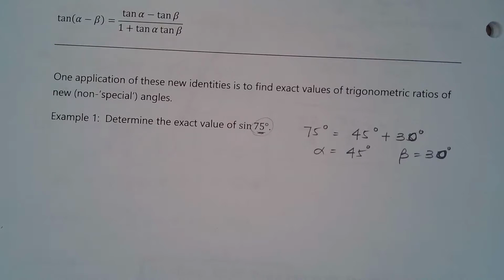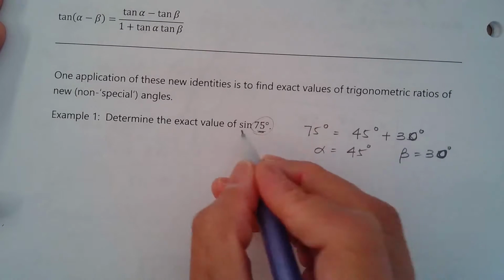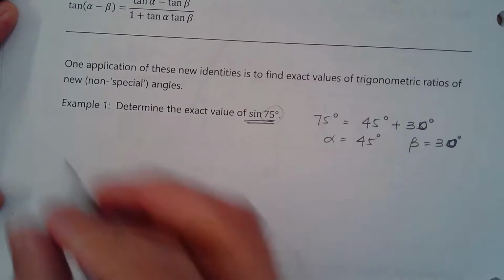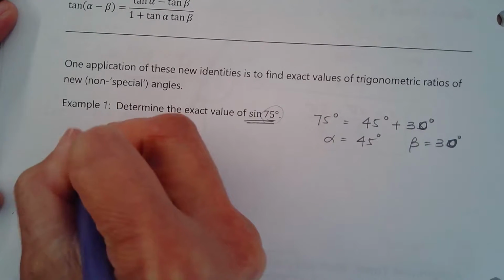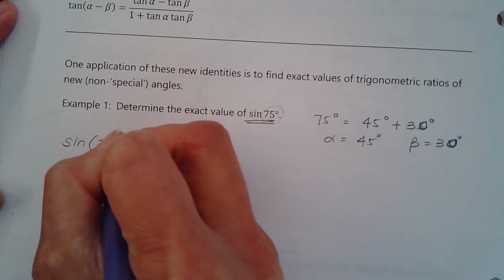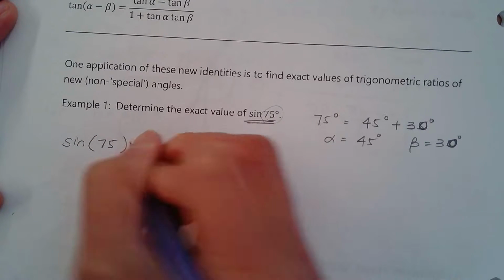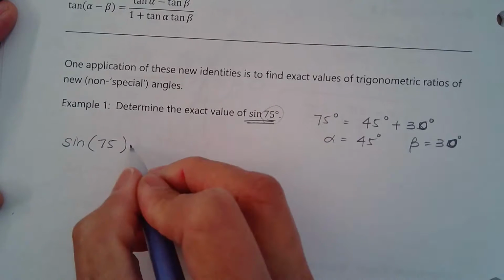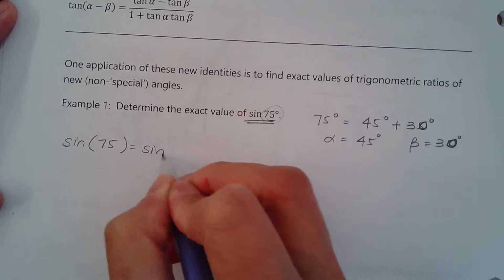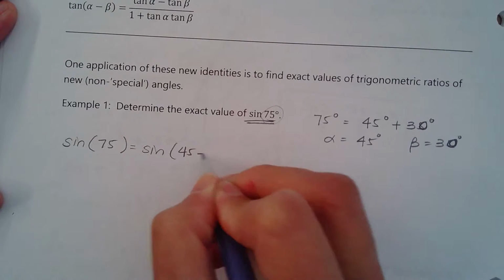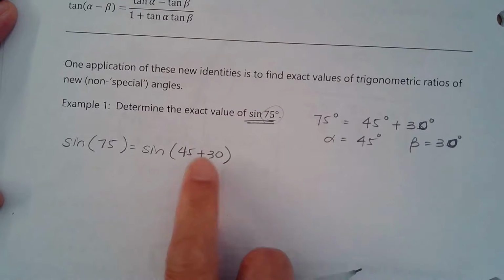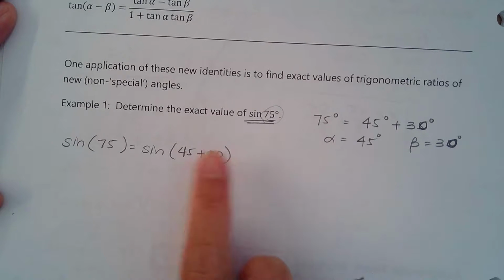Can we figure out the sine of 75 now that we've broken them up into something that we are very, very familiar with? So what's sine of 75? We know it's going to be sine of 45 plus 30. Okay, so this is your alpha, this is your beta.